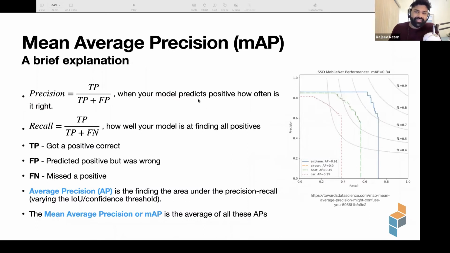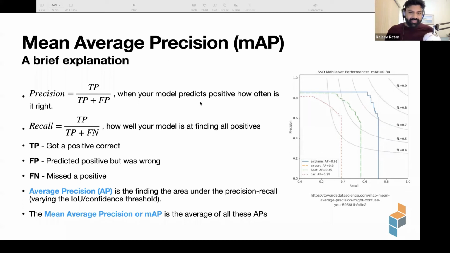So now mean average precision, which is the benchmark you use to measure or assess detector models, I'll explain to you, but I'll go through precision and recall first. So precision is the true positives over true positives plus false positives, which basically means that when your model predicts positive, how often is it right?